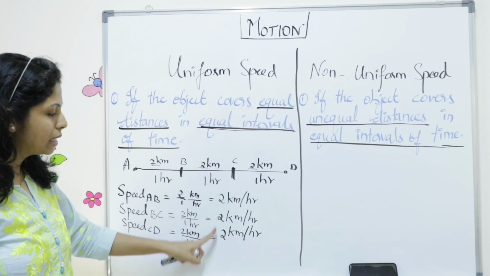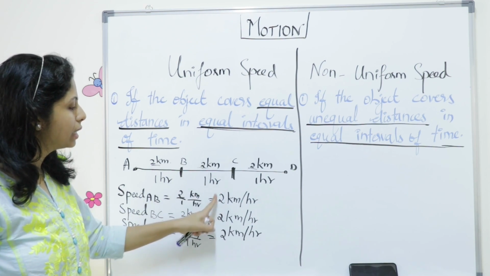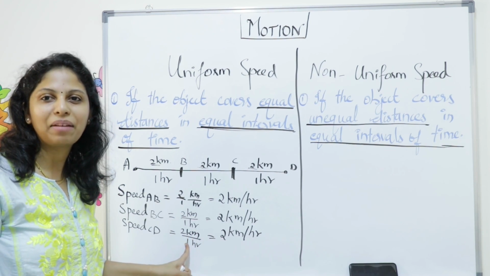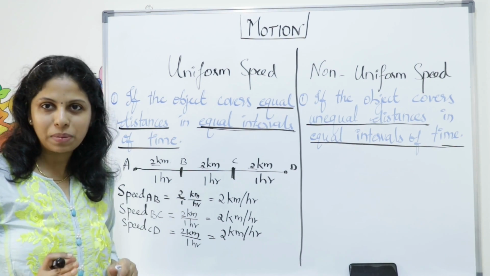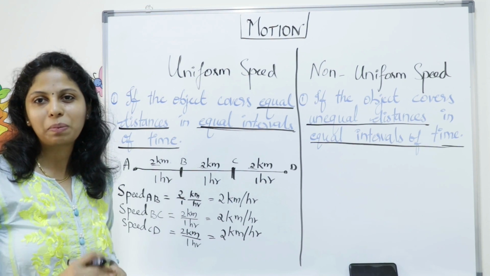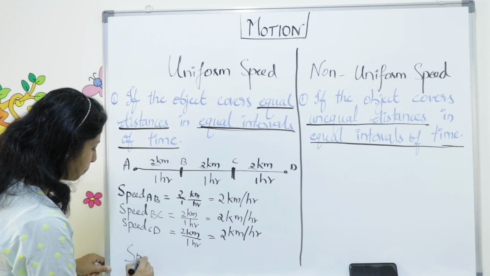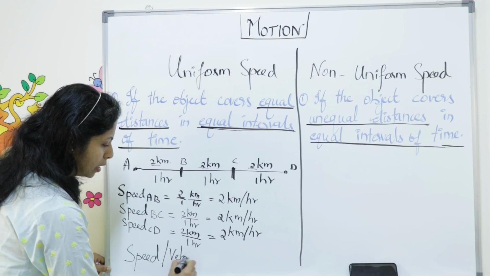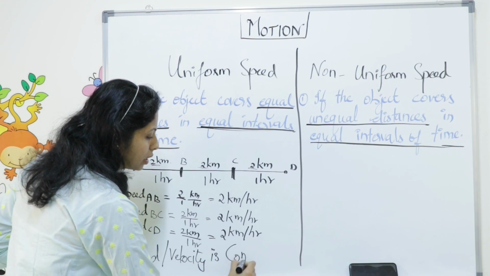The speeds are the same. The speed at each distance is the same. That means we can say that the object is traveling at a uniform speed. Okay. So if an object travels at a uniform speed, the value of speed or velocity will be constant.